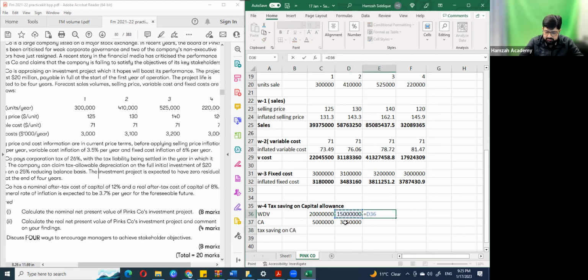Same approach. Scrap value is 0, so the full will be charged here. Tax saving on capital allowance, 26%. This into 26%.